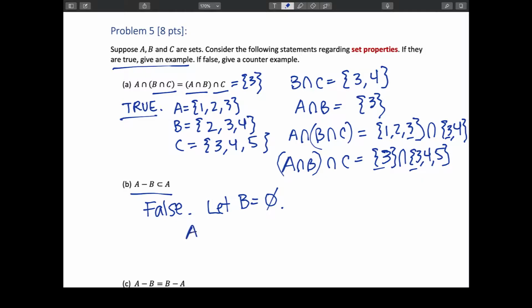If I take the empty set away from A, I get back to A, and A is not a proper subset of A because A is equal to A.